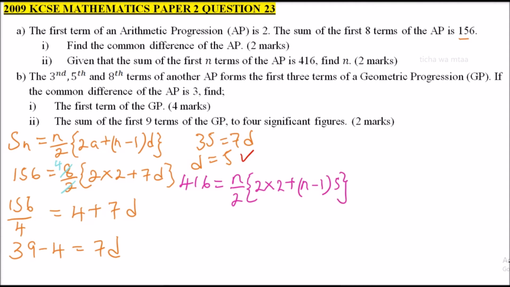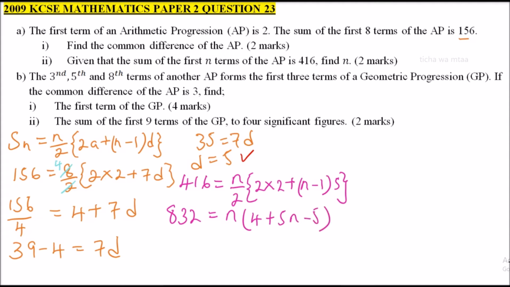When you work that out, you multiply 416 by 2, you get 832 is equal to n, you close the bracket, so we have 4 plus, you open the bracket, 5n minus 5.